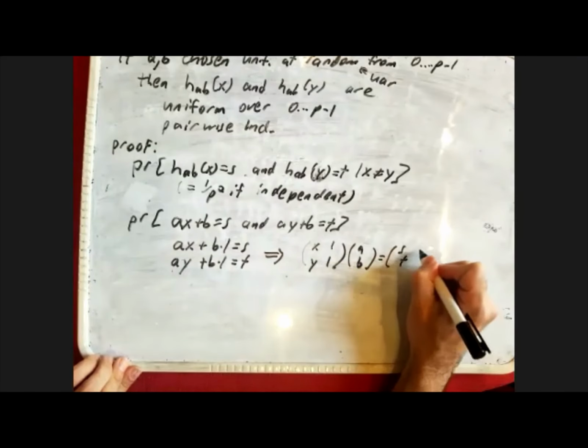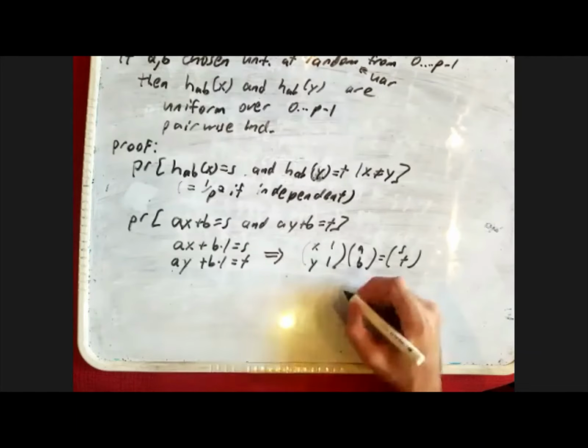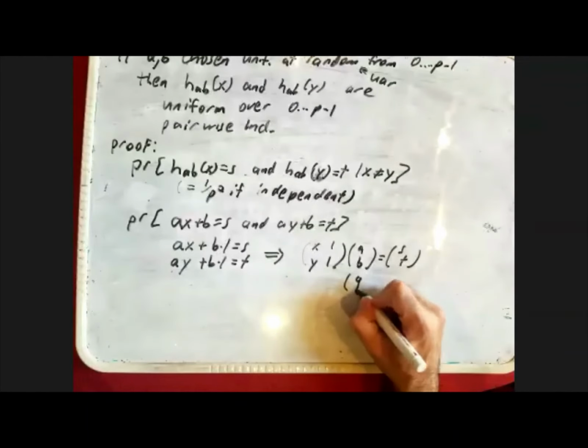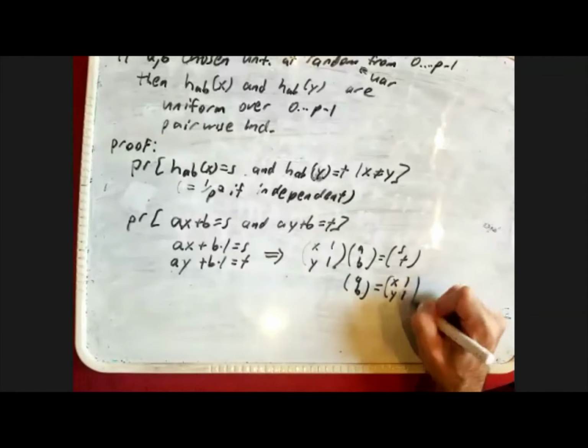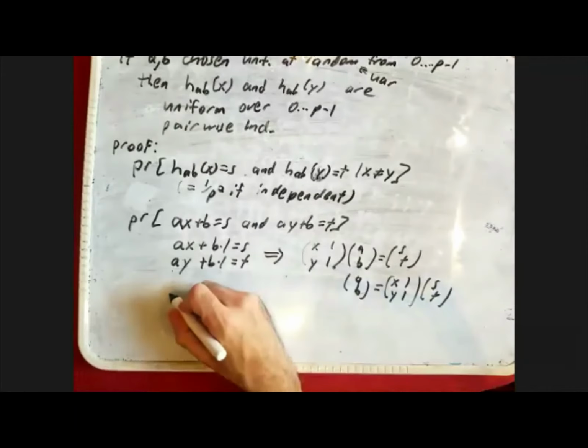the ST vector. Now, when you have a matrix equation like this, how do you solve it? Or how do you know if it is solvable? You look at the determinant. You take the determinant. The solution is that AB is equal to the inverse of this matrix times ST if the determinant is non-zero.